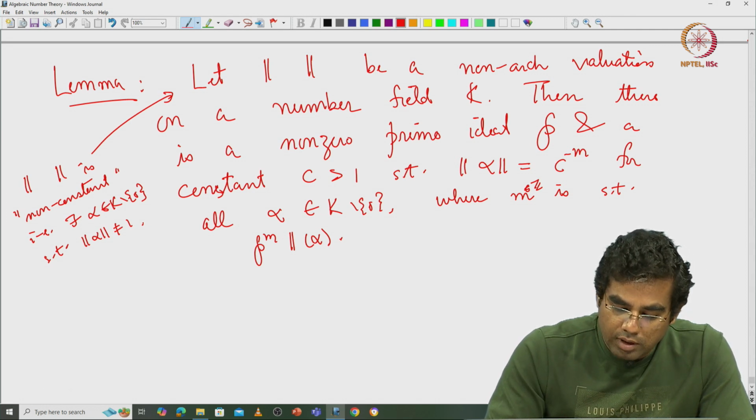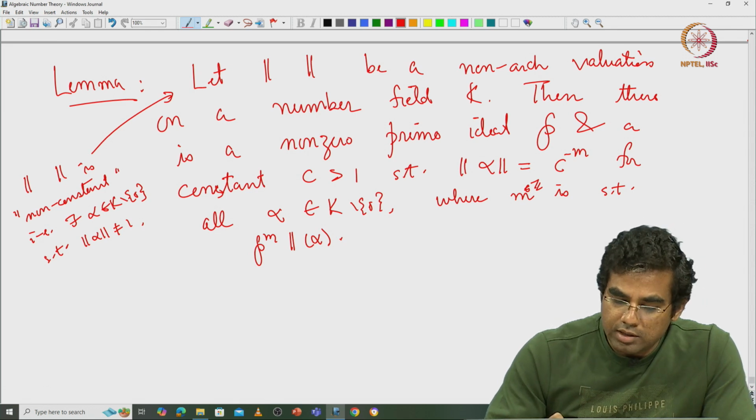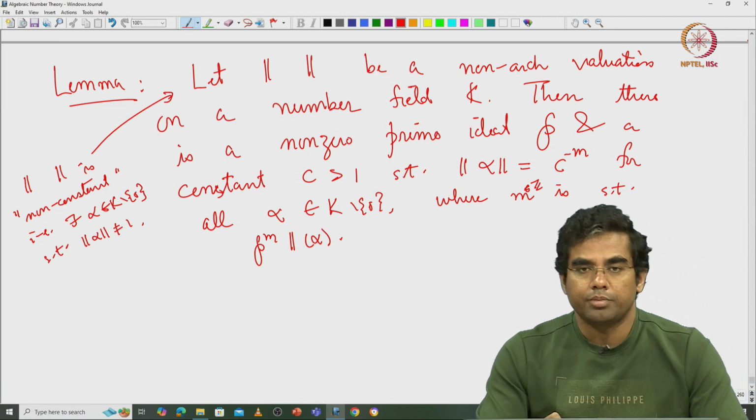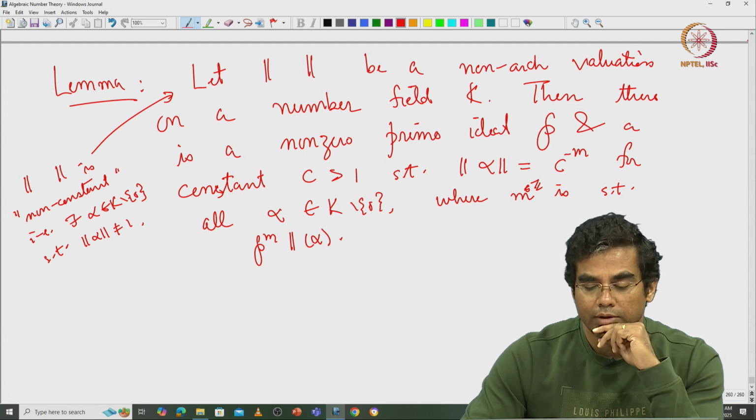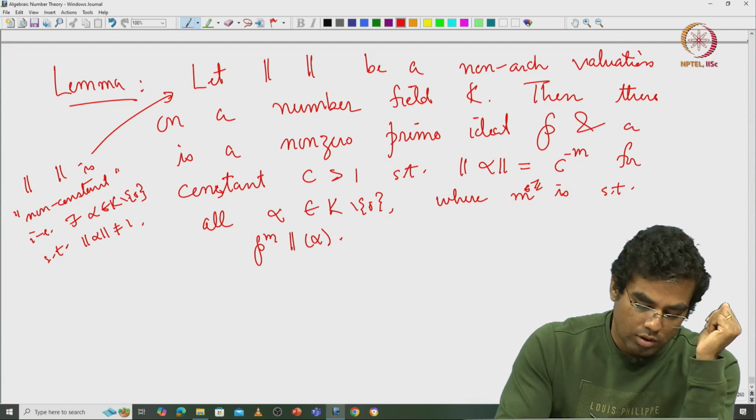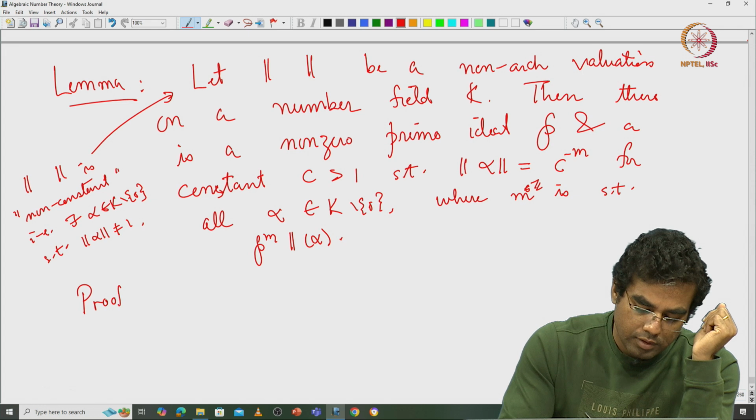So, one difficulty is how do we go about finding the prime ideal? All we are given is a valuation on a number field. There is no mention of a prime ideal.